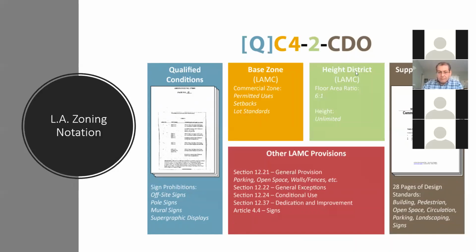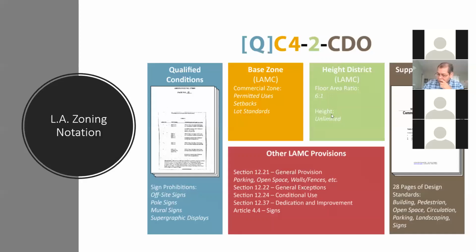And then the next number, this 2, would denote the height district. So this is particular to the city of LA. But the height district really only applies to the floor area ratio requirement as well as the height limit.